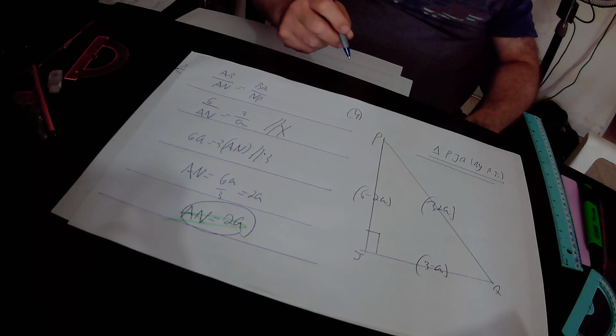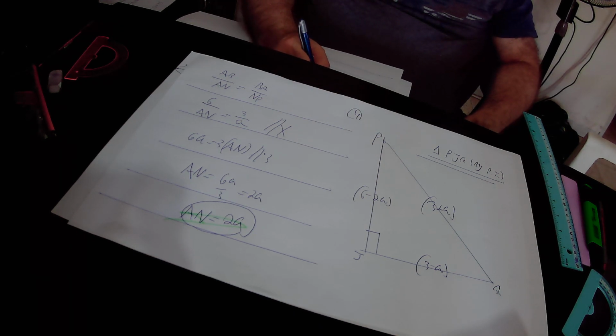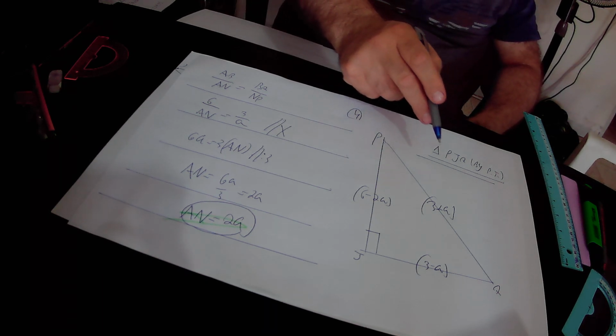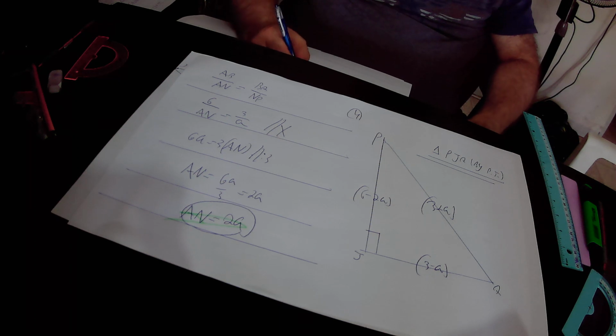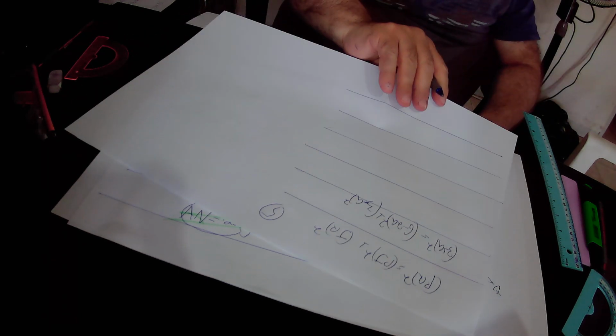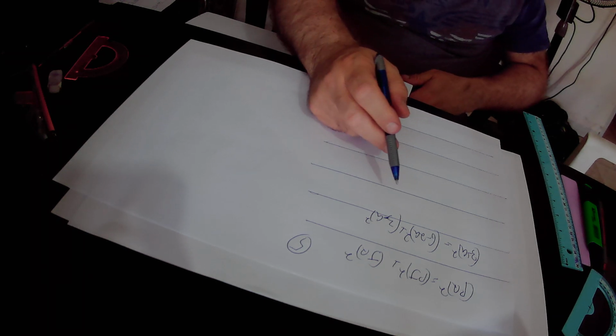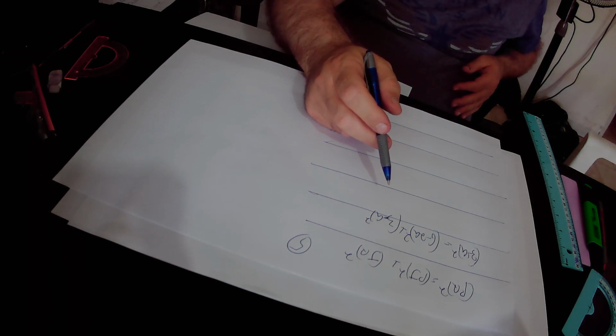And it must be equal to PJ squared. PJ is 6 minus 2A, therefore PJ squared is (6 minus 2A) squared, plus JQ squared. JQ is 3 minus A, therefore JQ squared is (3 minus A) squared. In conclusion, we found out that (3 plus A) squared equals (6 minus 2A) squared plus (3 minus A) squared.